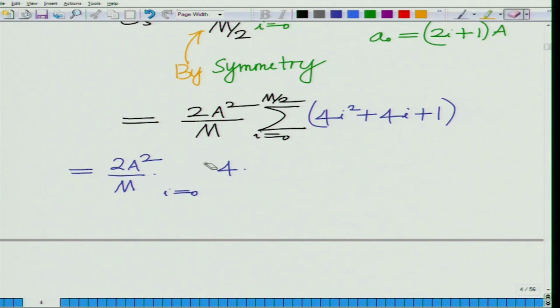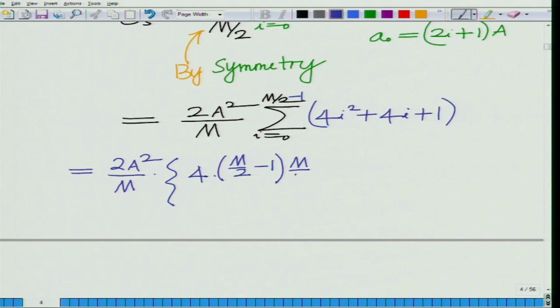So, 4 summation I square would be 4 times, from 0 to of course m by 2 minus 1. Summation of squares up to n is n into n plus 1 into 2n plus 1 divided by 6. Here we have summation from 0 up to m by 2 minus 1.